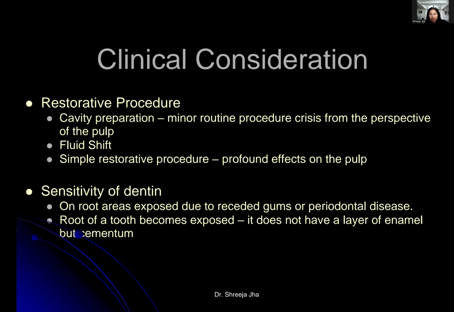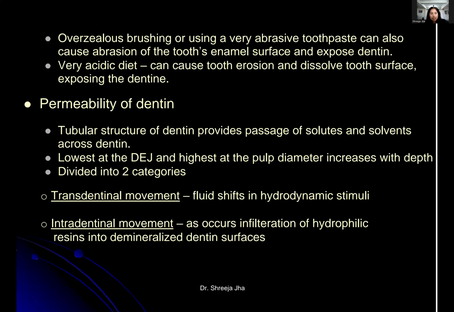It does not have a layer of enamel but cementum. So these are important clinical considerations that you should understand. Overzealous brushing. Brushing techniques are also very important. I hope you all know the brushing techniques. Or using a very abrasive toothpaste can also cause abrasion of the tooth's enamel surface and expose your dentin.